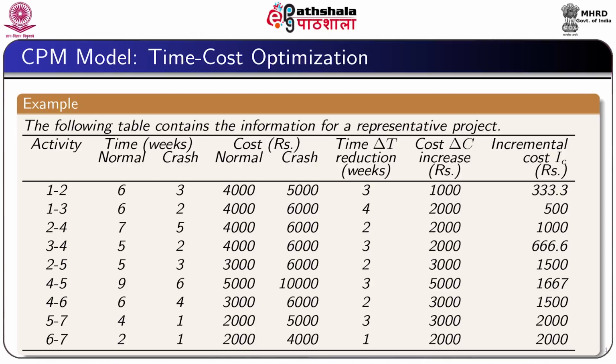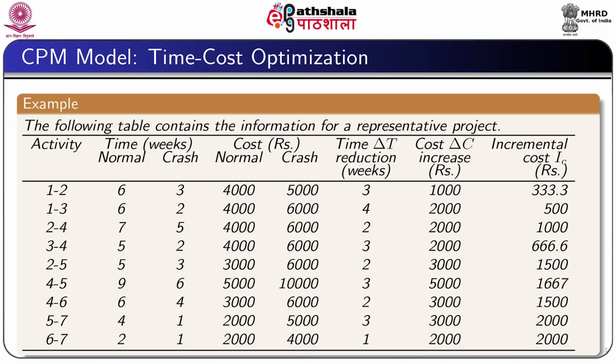The following table contains the information for a representative project. The first column shows the activities, the second column shows the normal times of the activities, and the third column shows the crash times of the activities.